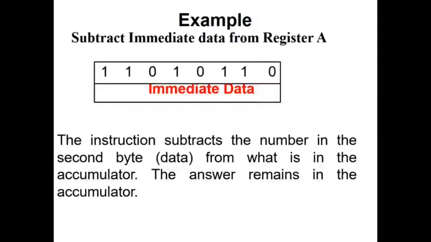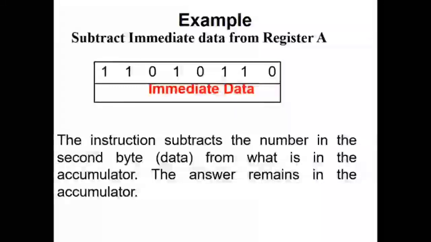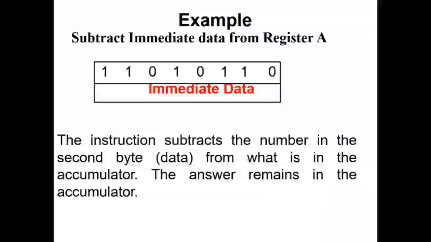Philemon, there is no destination register here. This instruction does not have a destination register or a source register. We are just subtracting immediate data from register A. Subtracting from A is given in the first byte.